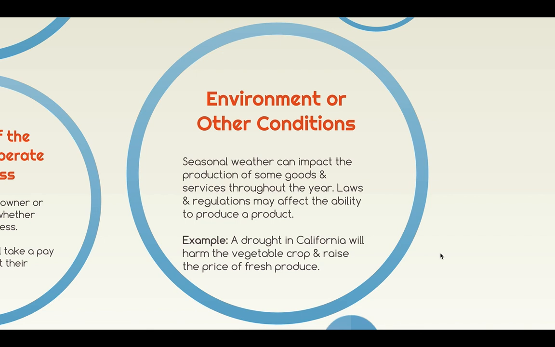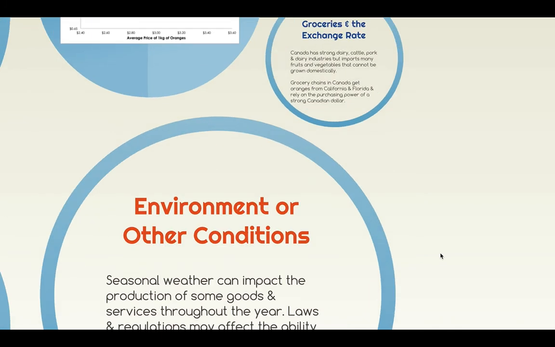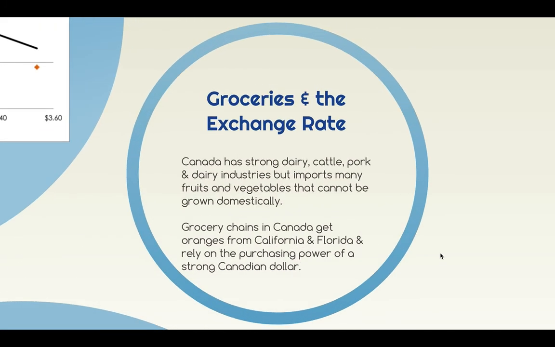So if there's a drought in California, there'll be less vegetables and less wine and less fruit growing. So the next harvest, you'll see higher prices. So groceries, you might not realize, are actually tied to the exchange rate, because we have a good dairy industry, a good cattle industry, a good pork industry, and those are some things we have more than enough.